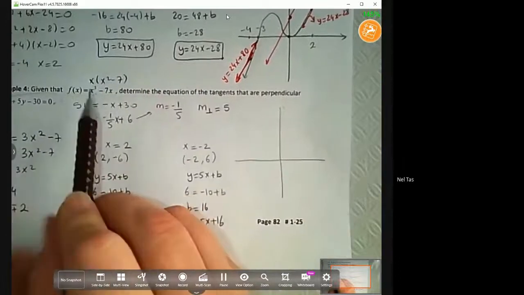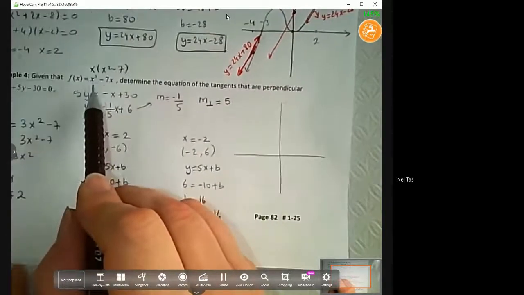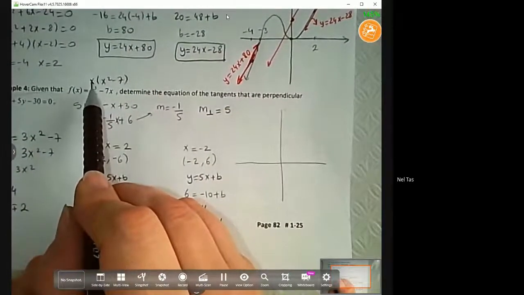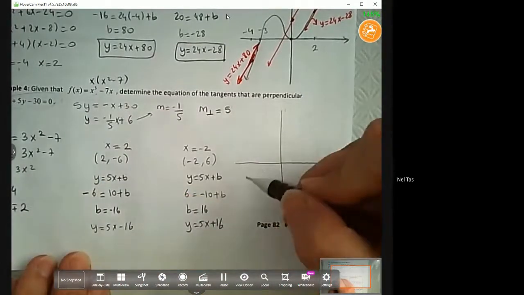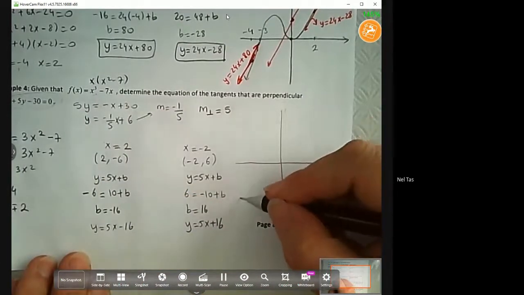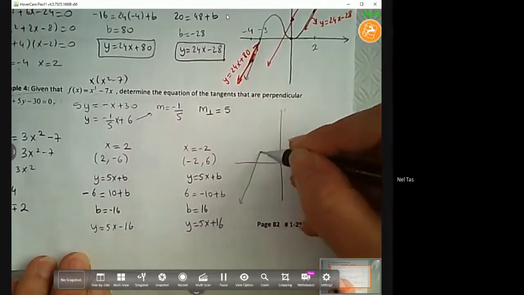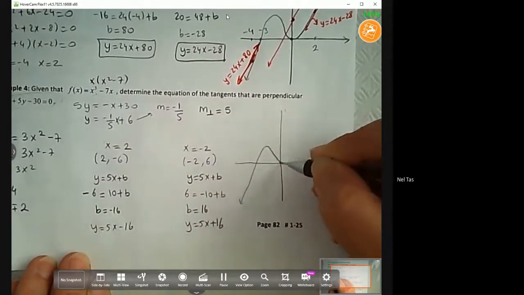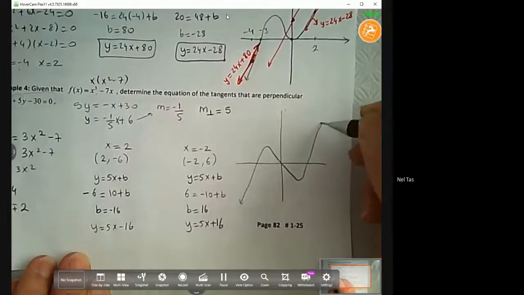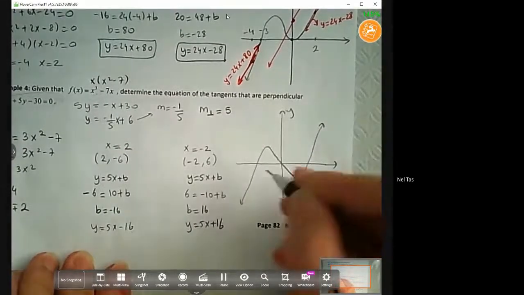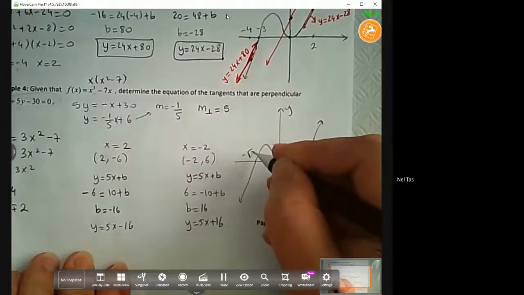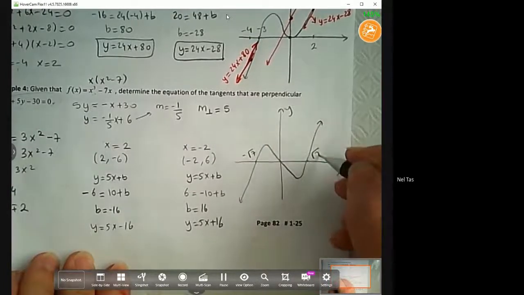So you have roots at 0, positive and negative root 7, and it's a cubic function with a positive leading coefficient. It's going to look like this. So negative root 7, positive root 7.